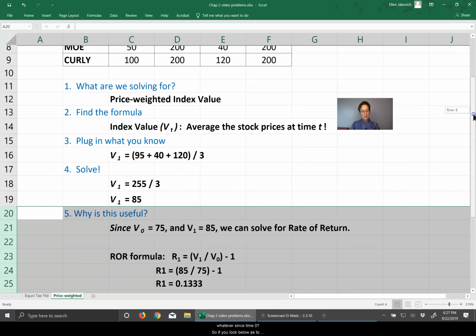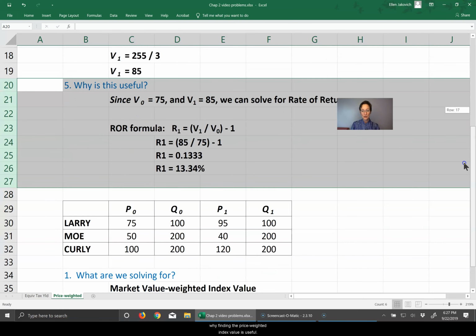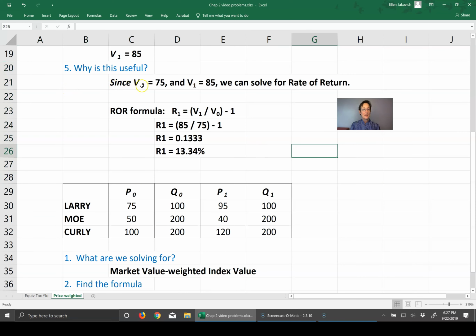If you look below as to why finding the price-weighted index value is useful, you will see that I already went ahead and solved for V0. It's the average of the 3 stock prices at time 0, and it was 75. We already know that V1 is 85 because we just solved for that. There is a rate of return formula that is the value at time 1 divided by the value at time 0, or the time prior, whatever you want to base this on, minus 1.